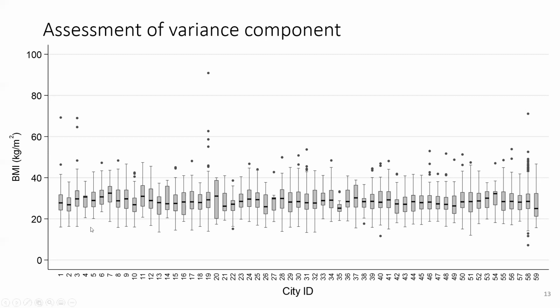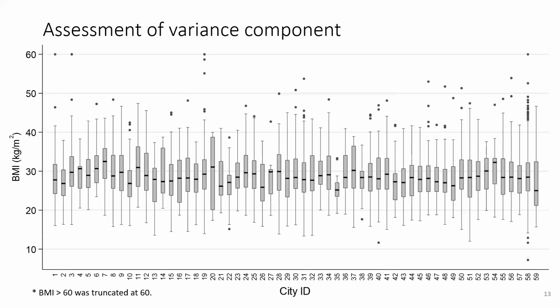How to do that? First of all, we look at this median part, which is this bold black line. By the way, because we have these outliers, somehow it's difficult to assess. So we are going to truncate the data at 60. This is the same box plot, but when BMI is above 60, it was truncated at 60.